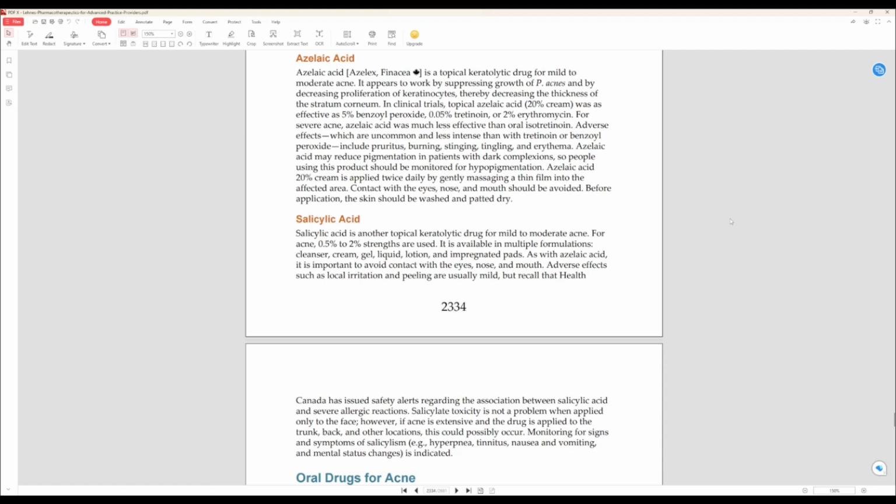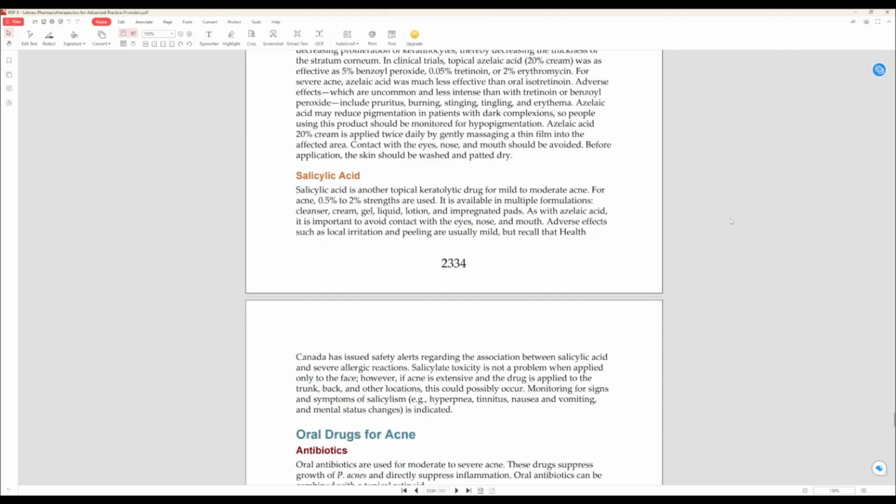Adverse effects again include local irritation and peeling, which is usually mild, but Health Canada has again issued safety alerts regarding the association between salicylic acid and severe allergic reactions. Salicylate toxicity is not a problem when applied only to the face.